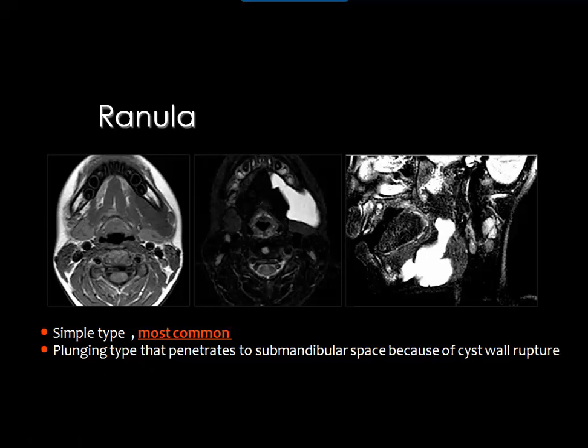ranula which is branching or penetrating or extending into the submandibular space. Here you see there is a lesion which is of low signal in the T1 and high signal in the T2. In the sagittal image you can see that the lesion is branching and extending into the submandibular space.